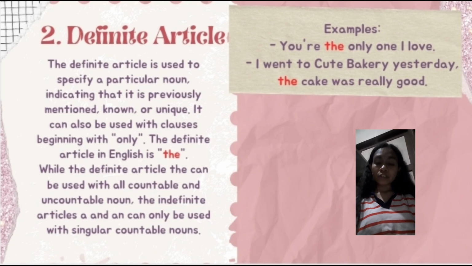The definite article in English is the, while the definite article the can be used with all countable and uncountable nouns. The indefinite articles a and an can only be used with singular countable nouns. For example, you're the only one I love. I went to a cake bakery yesterday. The cake was really good.